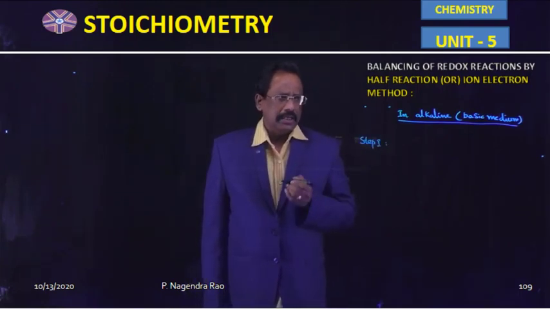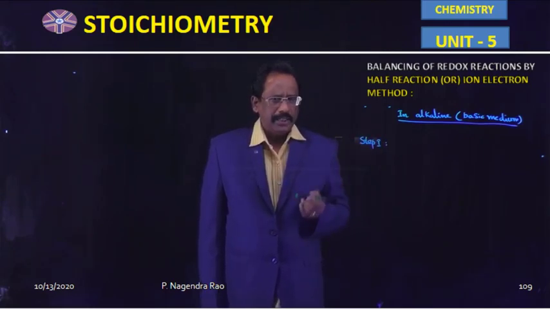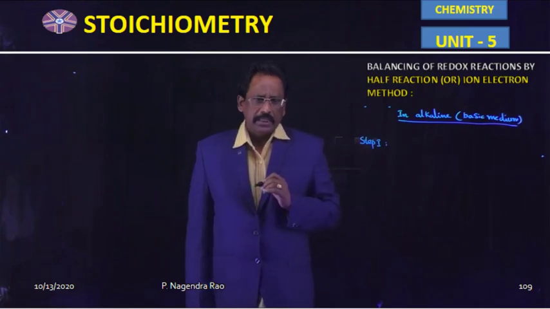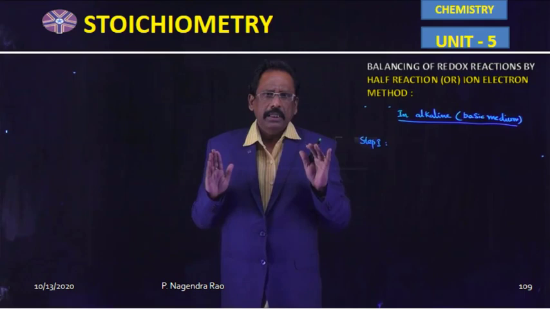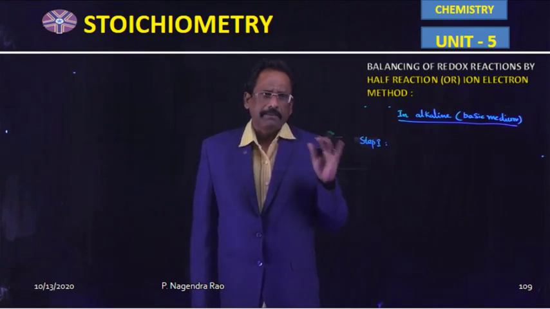In the last class, if the reaction takes place in acidic medium, the first step is to write the oxidation state of each element below its symbol.